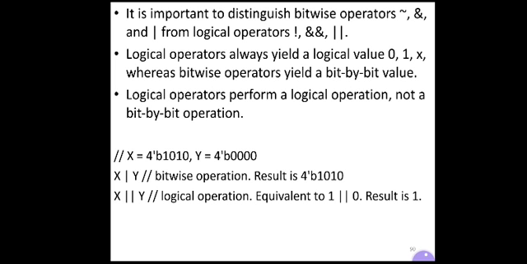Whereas if you do the logical operation, then observe here, as x consists of some value other than 0 and y consists of 0, so logically x equal to 1 and y is equal to 0. So 1 or 0 is 1. That's why the result is true. So this is how we can differentiate between the bitwise operator and the logical operator.